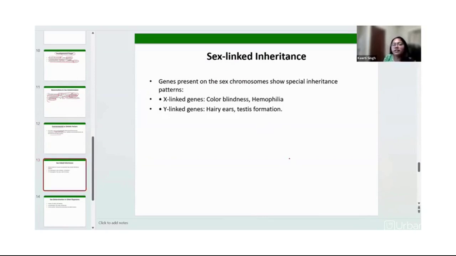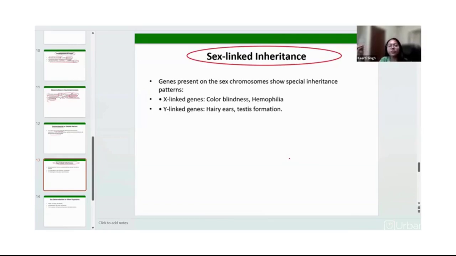So see, this sex-linked inheritance, I already told you, if the gamete is having an X chromosome, it will show some kind of characters. And if it is Y in nature, of course, it will give some kind of character to the developing male, right?